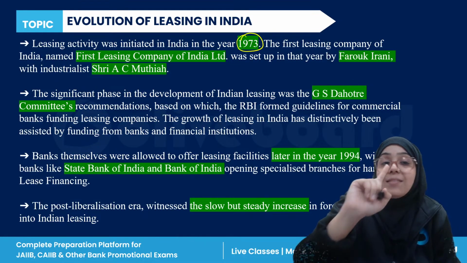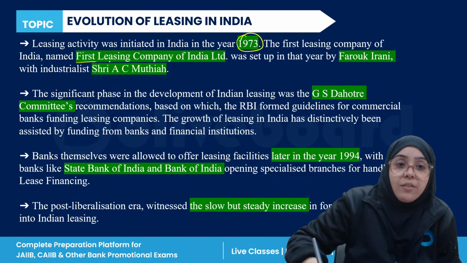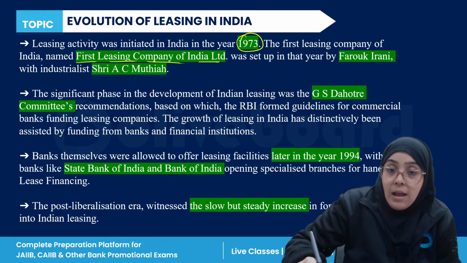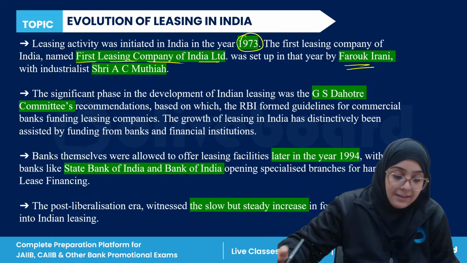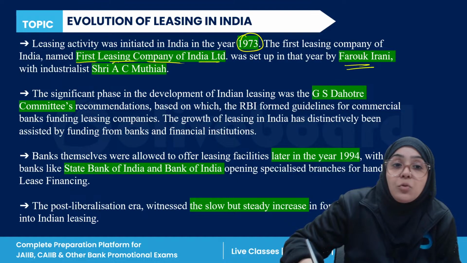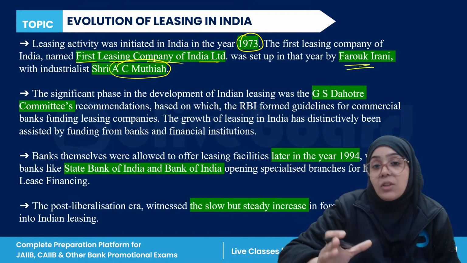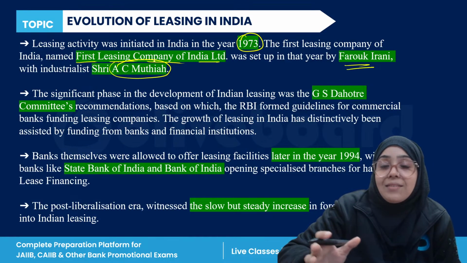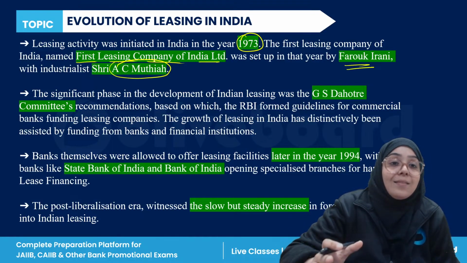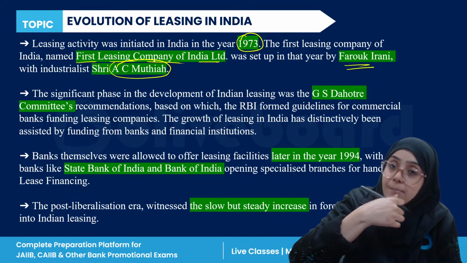The name of that leasing company was the First Leasing Company of India Limited, set up by Farooq Irani in collaboration with the industrialist AC Muthia. So Shri AC Muthia plus Farooq Irani, they both together started the first leasing company in India, and the leasing activity was initiated in India in the year 1973.